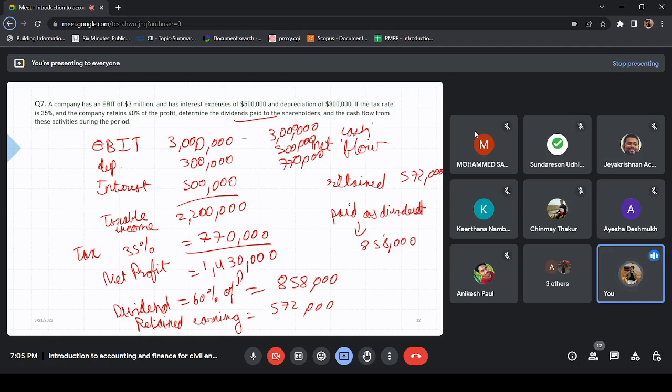Rest of all is the cash flow, right? So that part would just be 1730, out of which your retained is 572. I mean, if you are paid as dividend as 878, then how much should be retained?